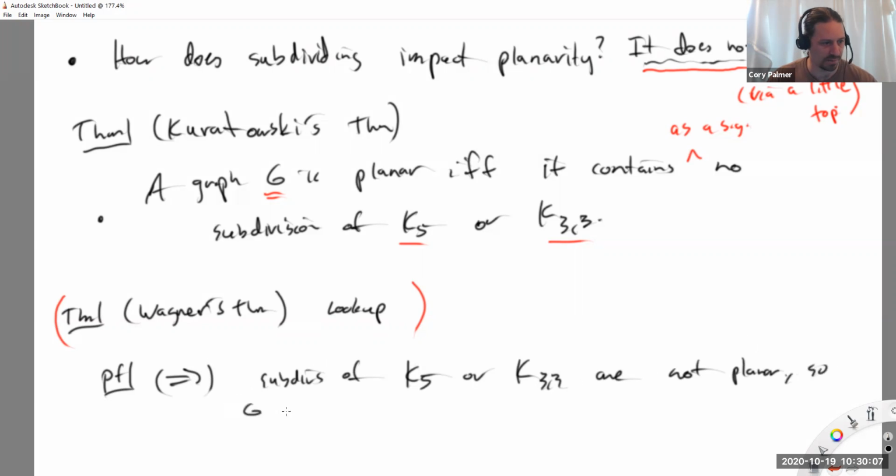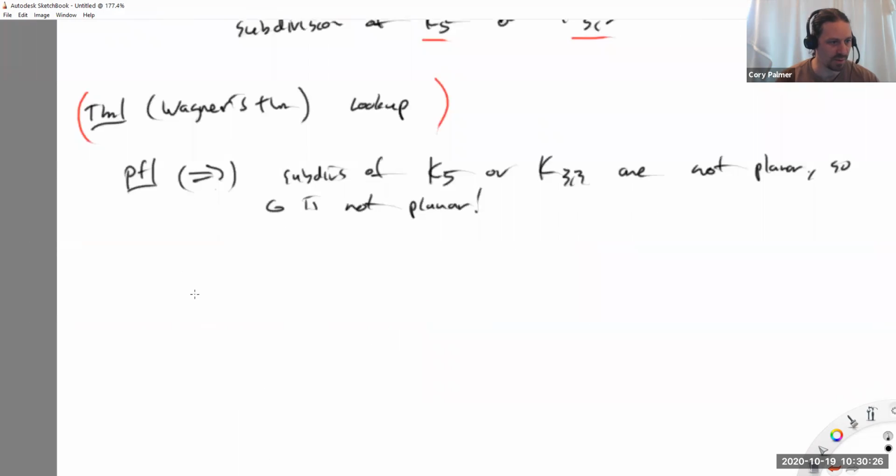So G is not planar, that's the contrapositive of this direction here. If you have subgraphs that are subdivisions of these graphs, then your graph can't be planar, because those graphs can't be drawn planar. That's the easy part of the theorem. Those are obvious impediments to being planar, but the reverse direction is the more interesting one.